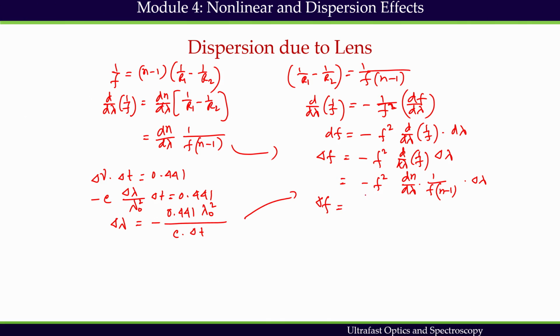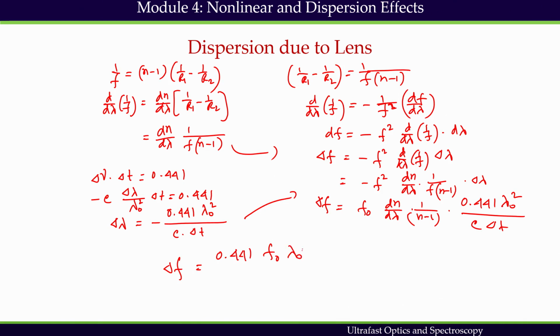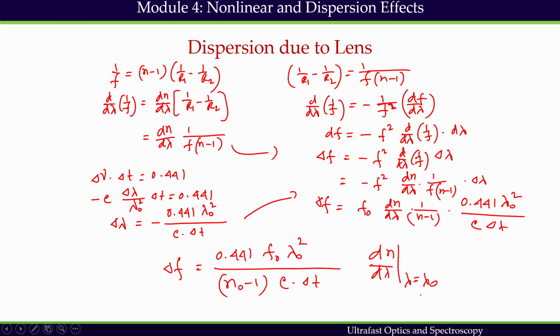So finally delta f is nothing but, I have this minus and this minus, both cancelling out, so I get f naught multiplied by dn d lambda multiplied by 1 by n minus 1 multiplied by 0.441 lambda naught square divided by c delta t. So the final expression of delta f, the spread of the focal point, is going to be 0.441 f naught lambda naught square divided by (n naught minus 1) c delta t, multiplied by dn d lambda at lambda equals lambda naught, the center wavelength.